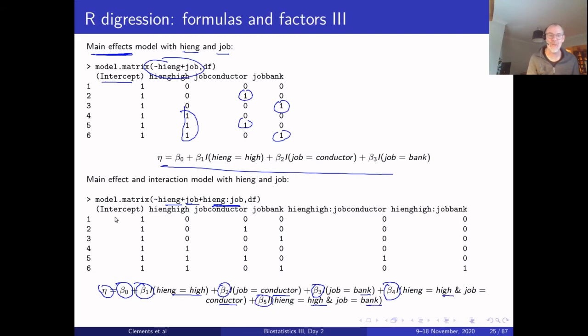So again, we have an intercept term, main effect for high, main effect for conductors, main effect for bank workers, and then these are the ones who were both high energy diets who are conductors, and these are the ones who had a high energy diet and were bank workers.